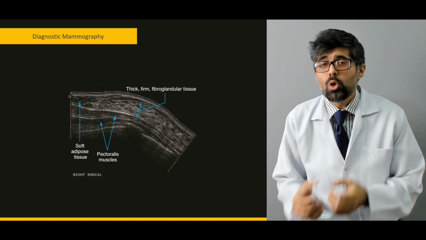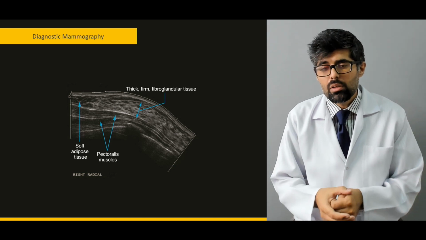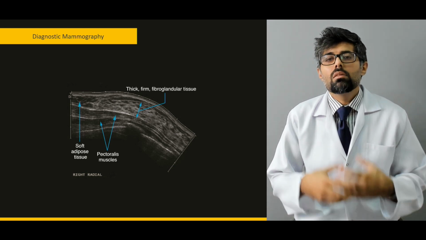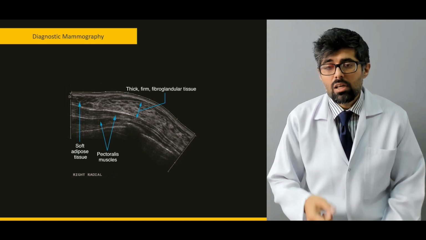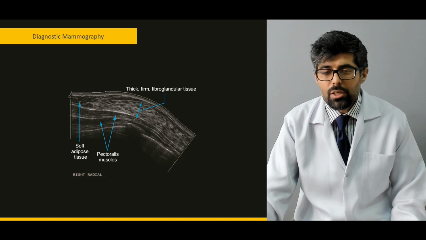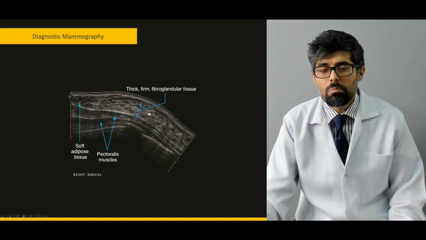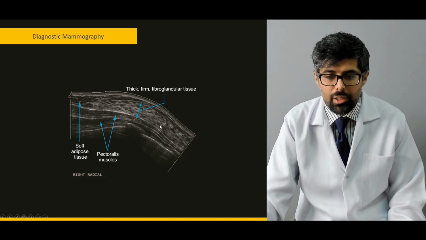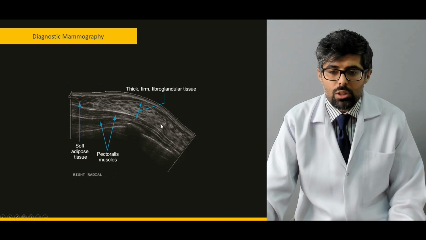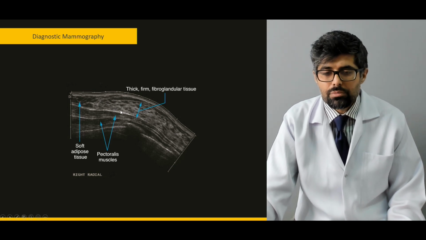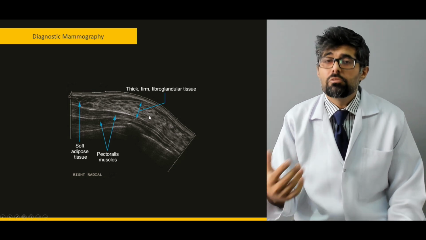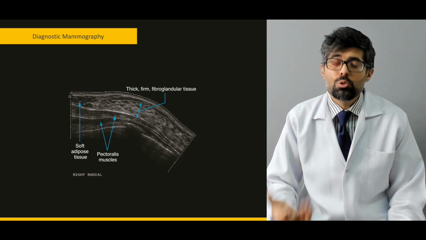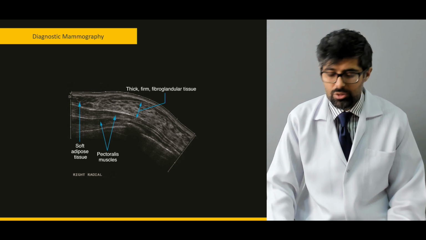But when the fibronodular tissue clumps together, it forms a certain structure which is thick, firm, and it usually lies on the muscle like a ridge, like a long tube. So this is what is called a fibrous ridge, and it is benign, it is very common, and it is usually found in patients.